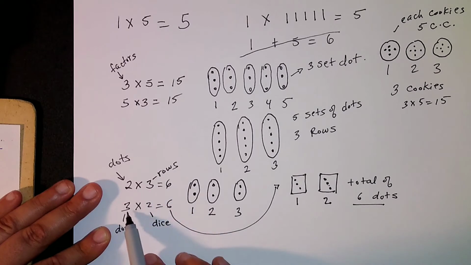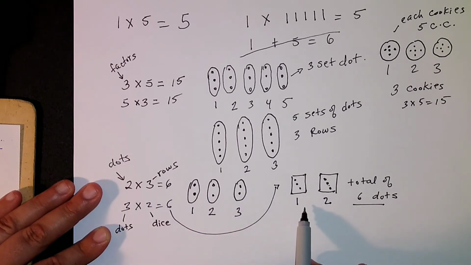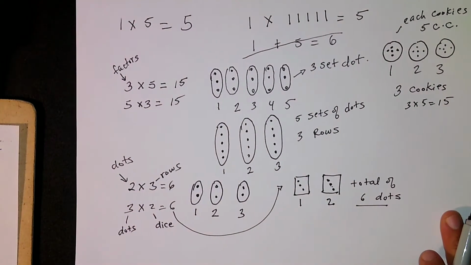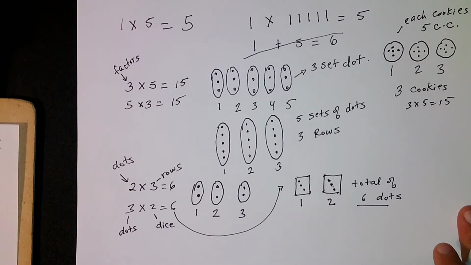If we flip the numbers, 3 times 2, it's also 6. Like the example I did with the dice. We have 2 dice, and each dice we have 3 dots in them. When you count the inner dots, you have 1, 2, 3, 4, 5, 6. Total of 6.